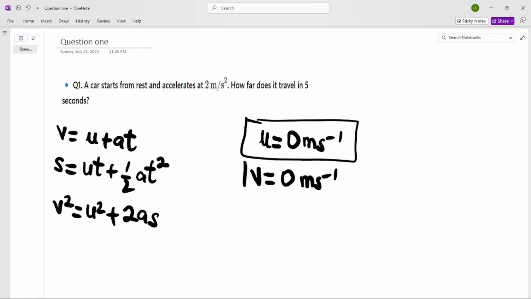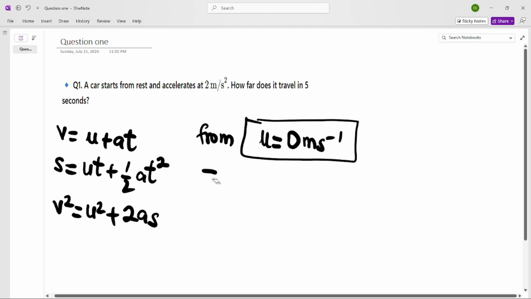So if it comes to rest or comes to a stop, that final velocity is equal to 0. Those are the things you need to keep in mind. Those ones are hidden, so you will not see them as values in the equation. But for example, in this one they say a car starts from rest, so they have given us u already, which is 0. Is that okay?